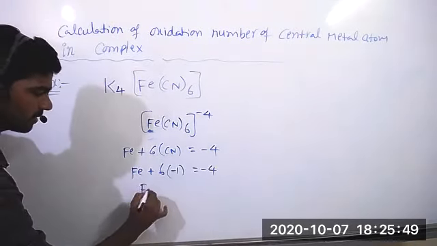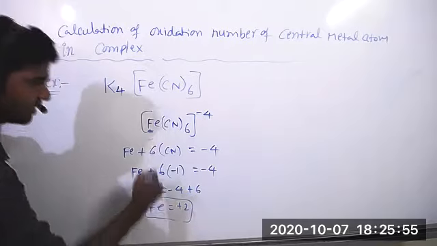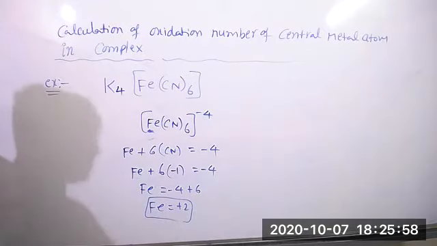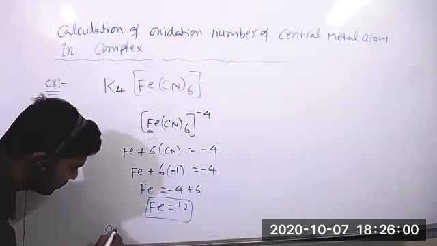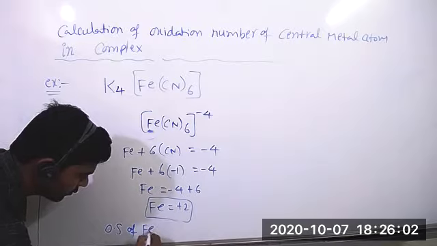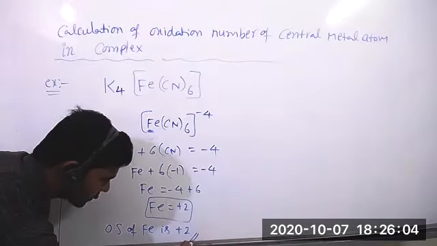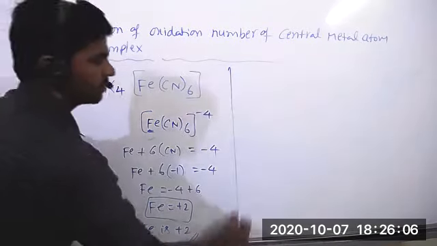Now Fe is equal to +2. So in this complex, the iron oxidation state is +2. Okay, write this.